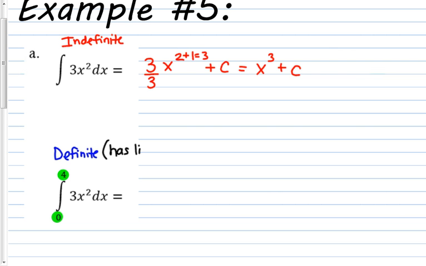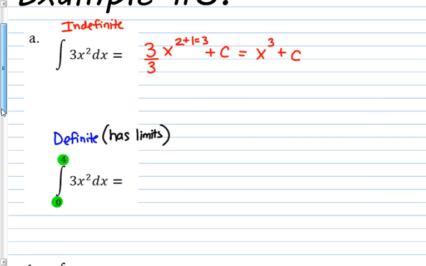Definite integrals have limits. Maybe I should write have or has limits. No, has. Okay. Now the reason that we definitely can say that we know what it is is because of the limit.